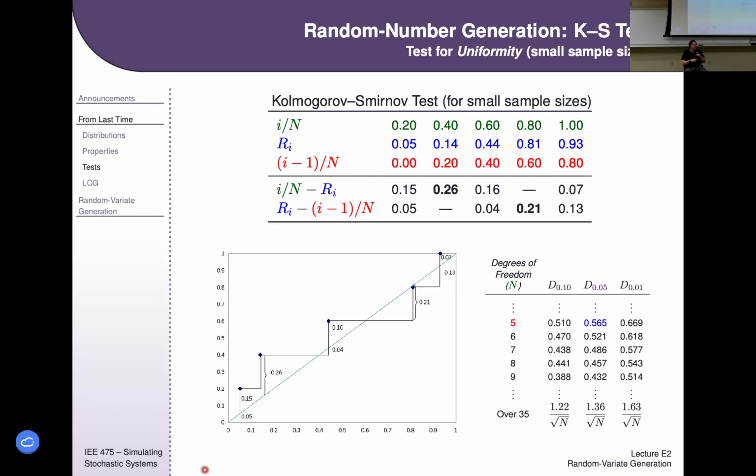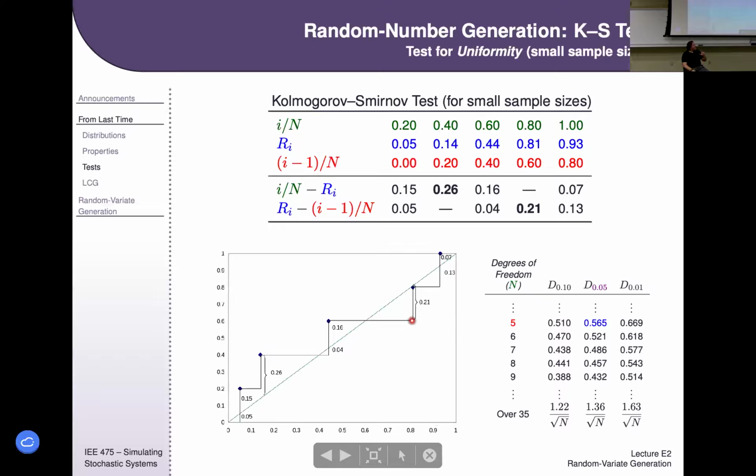Yeah, and we'll see more of these after the midterm as well. Sorry I don't have these labeled, but these are your outcome levels on the x-axis. So if I look up here, 0.05, 0.14, 0.44, 0.81 is the next one, and then here's 0.93.